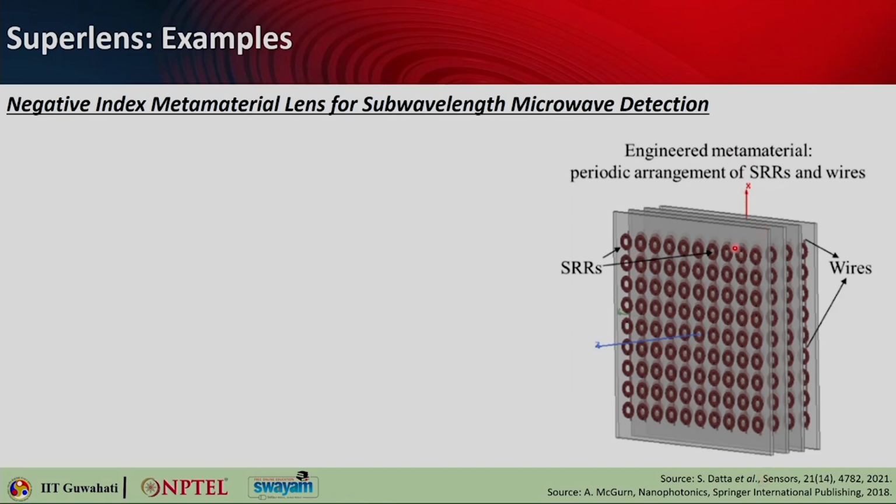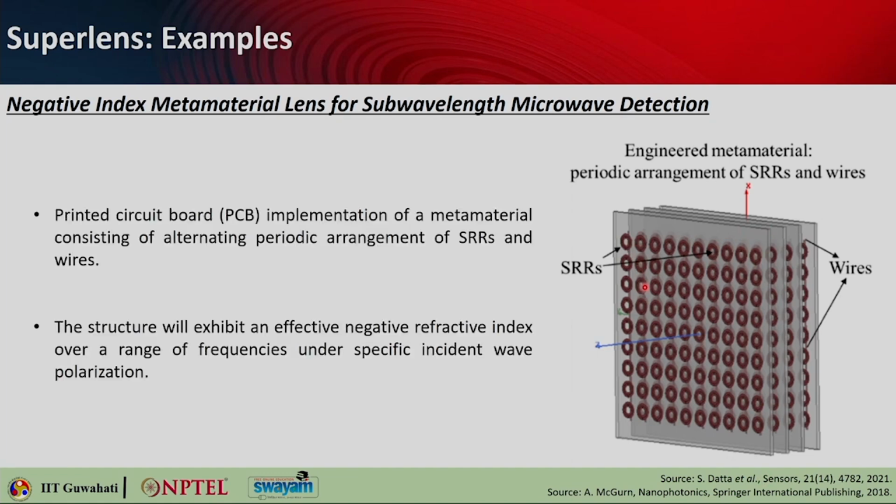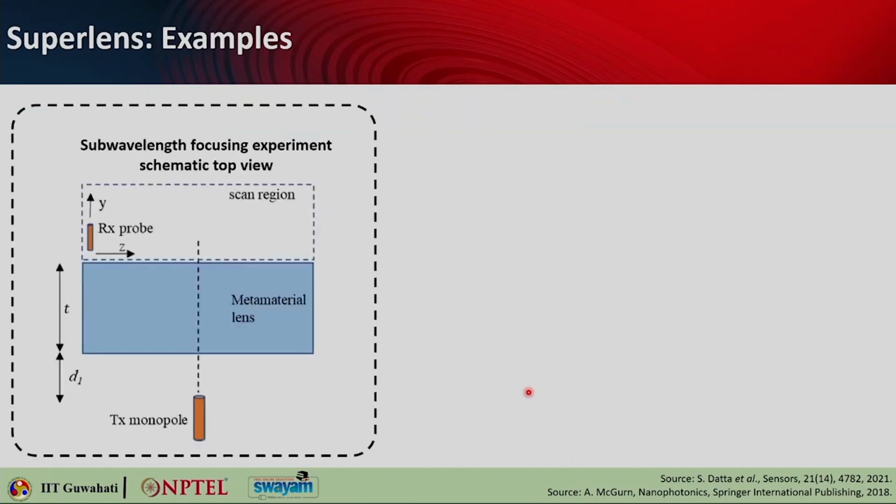There are vertical wires and on top of that you have this ring kind of thing, which are basically split ring resonators, and you can print PCBs based on this and put them in a layer, and this particular structure exhibits effective negative refractive index over a range of frequencies upon certain specific incident wave polarization.